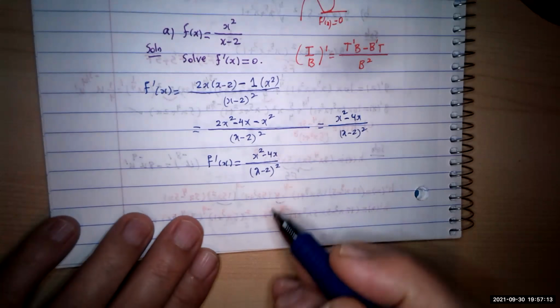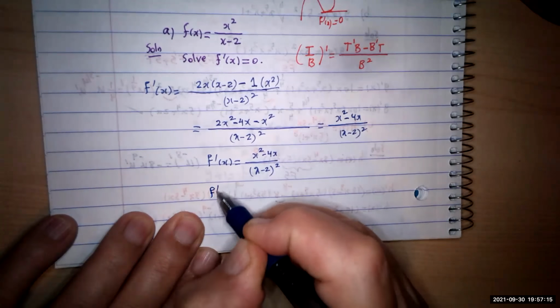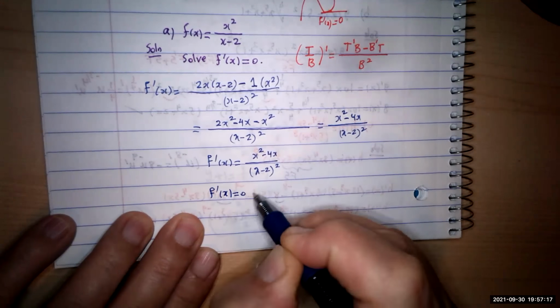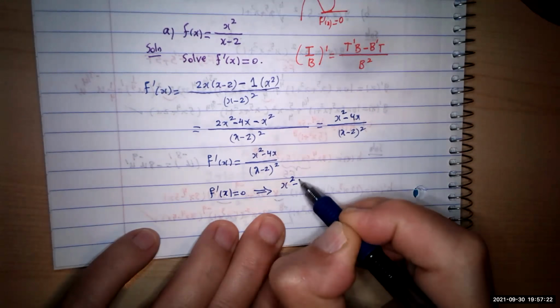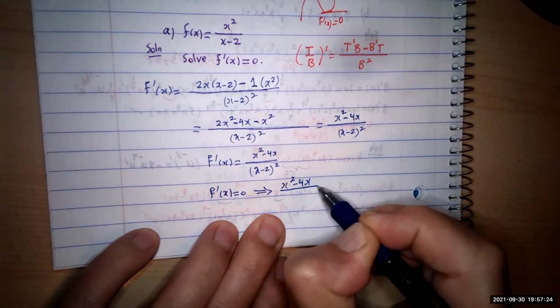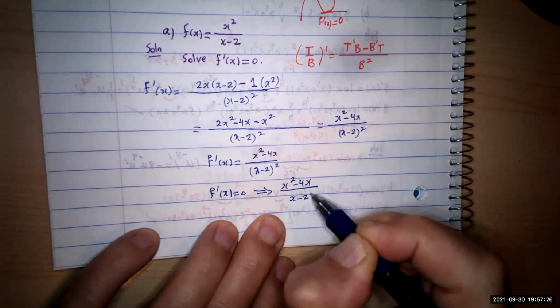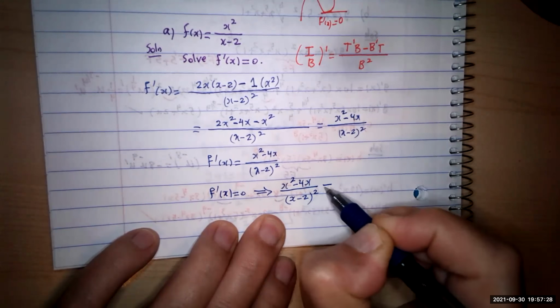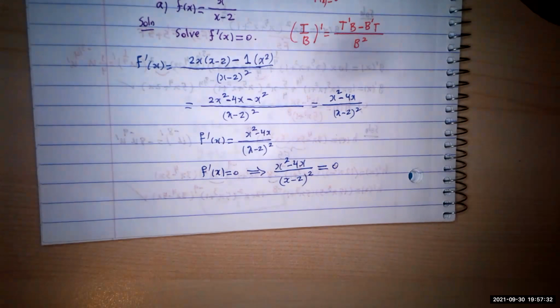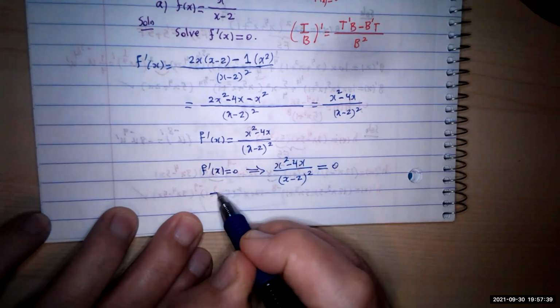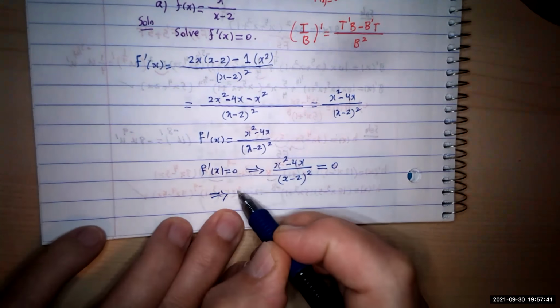So f prime of x equals 0, the fraction would be 0: x squared minus 4x divided by x minus 2 all squared equals 0. You know that a fraction is 0 only if the top is 0. A fraction with 0 divided by any number would be 0. So you let the top be equal to 0.